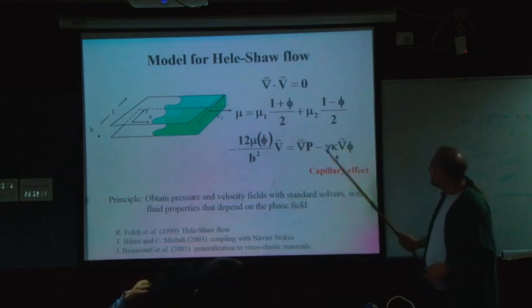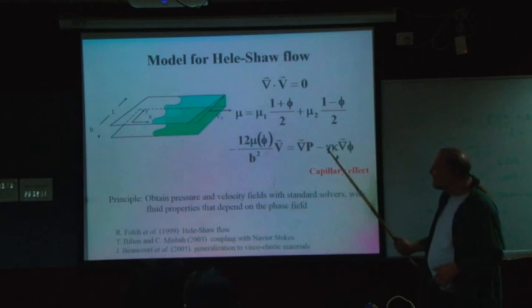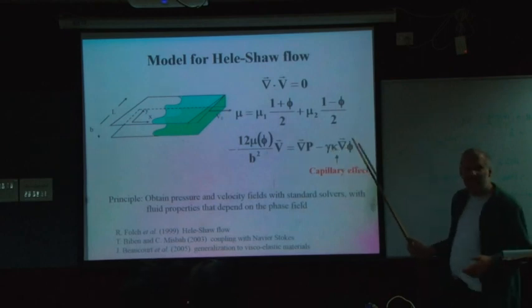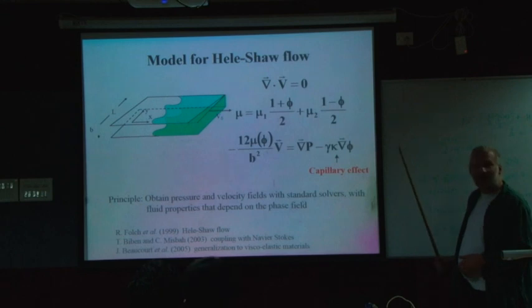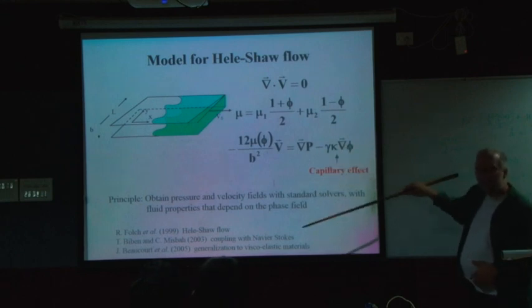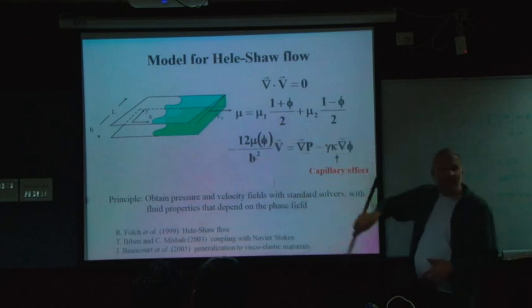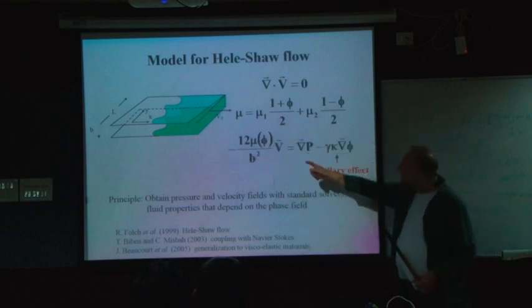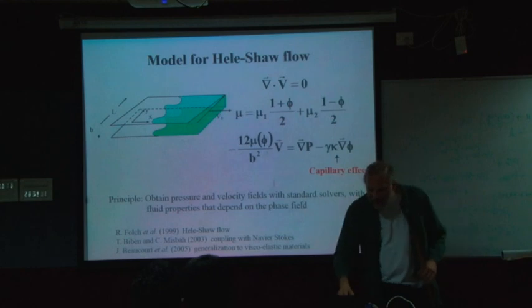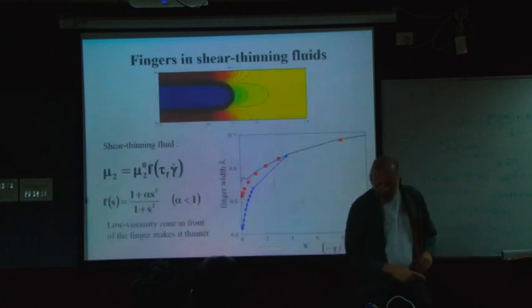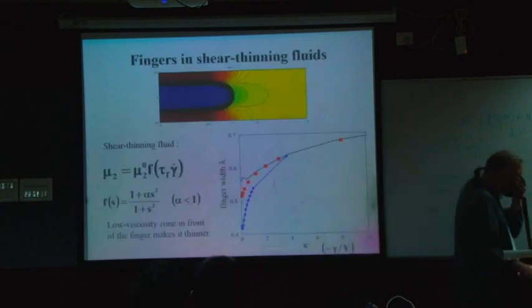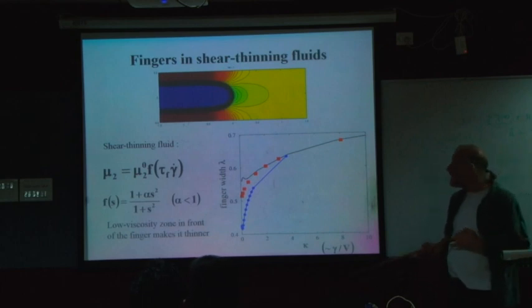Here, what you need to do also is to express this capillary force as a function of the phase field. And if you just put the gradient of phi times the curvature, you will get a force that always points inward with the curvature. You take the divergence of this and you do the calculation, and then you can do simulations.